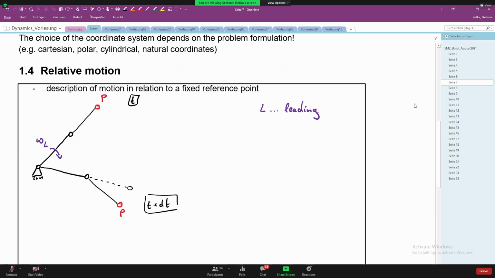And due to this leading motion, our point P, assuming that we have a rigid connection, there's no joint, moves over here. That is dR_L, the change in position due to the leading motion.